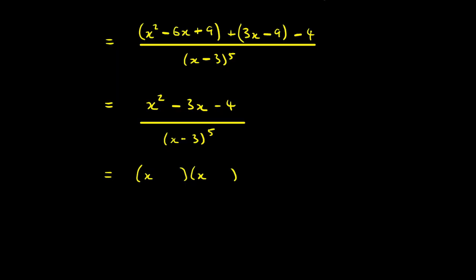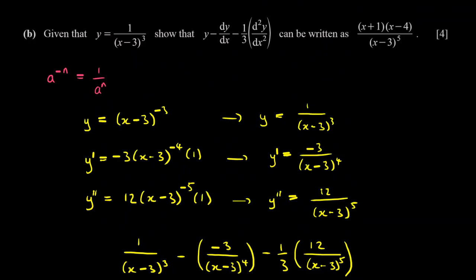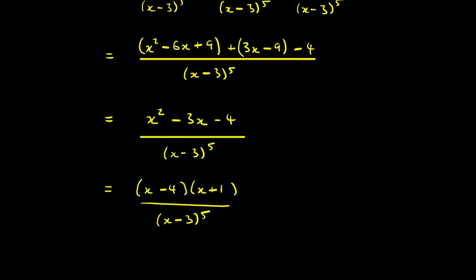Those two numbers will be negative 4 and positive 1. So our final answer is going to be (x minus 4)(x plus 1) over (x minus 3) to the power of 5. And if we just double check that, yep, that is our answer. Okay, so that's part B.